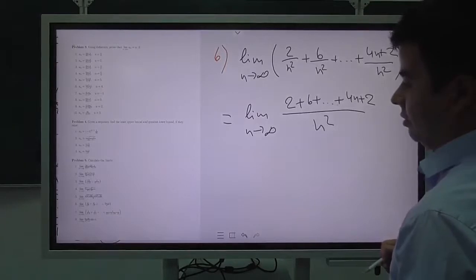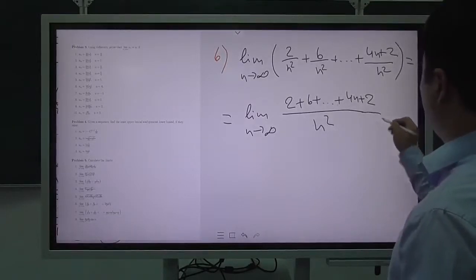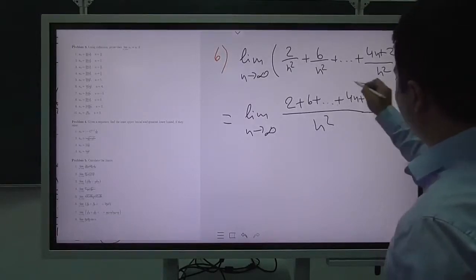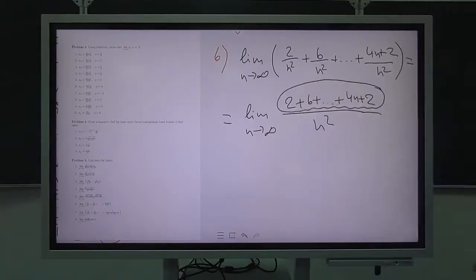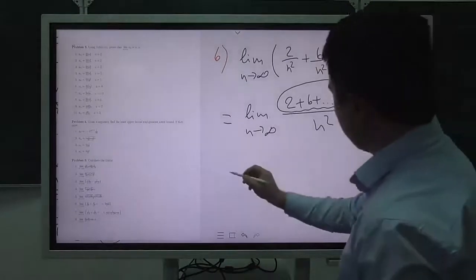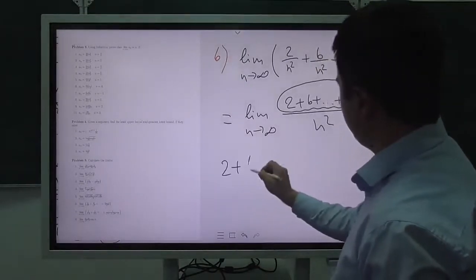Now how to find this sum? The numerator: 2 plus 6 plus etc. plus 4n plus 2. Let's write here 2 plus 6.